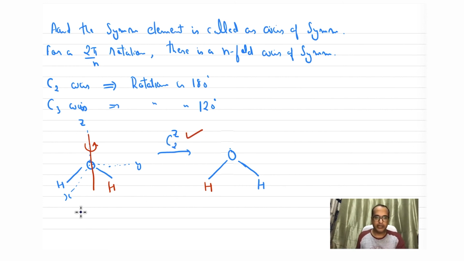Now let's take another example. Let's do the C2Z rotation on the coordinate system itself. Let's move the whole coordinate system with respect to the C2Z axis. What do you get?